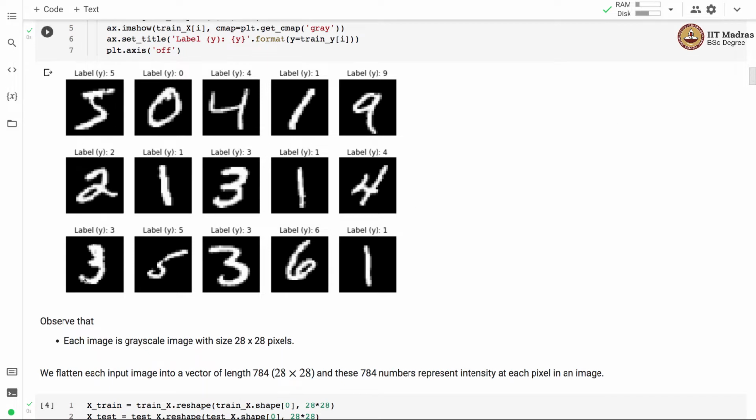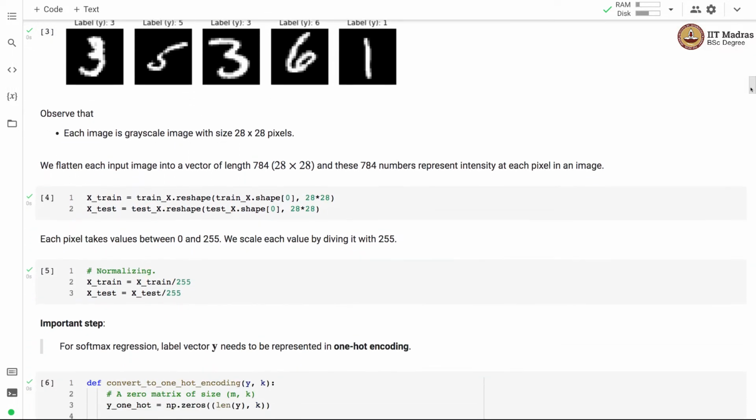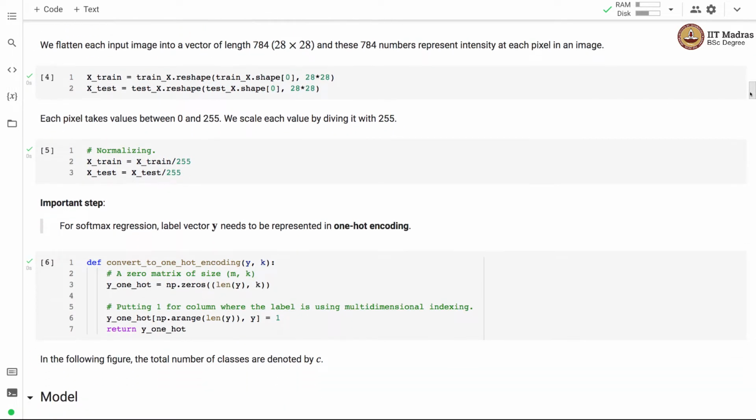Each image is a grayscale image with size 28 cross 28. As a first step, we flatten each input image into a vector of length 784. This 784 is indeed equal to 28 cross 28, and these 784 numbers represent the intensity at each pixel in an image. So we reshape the training feature matrix and the test feature matrix.